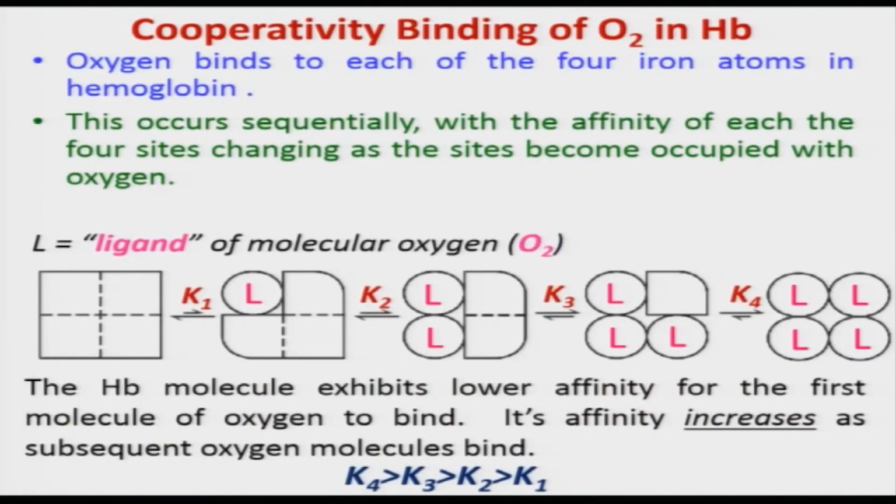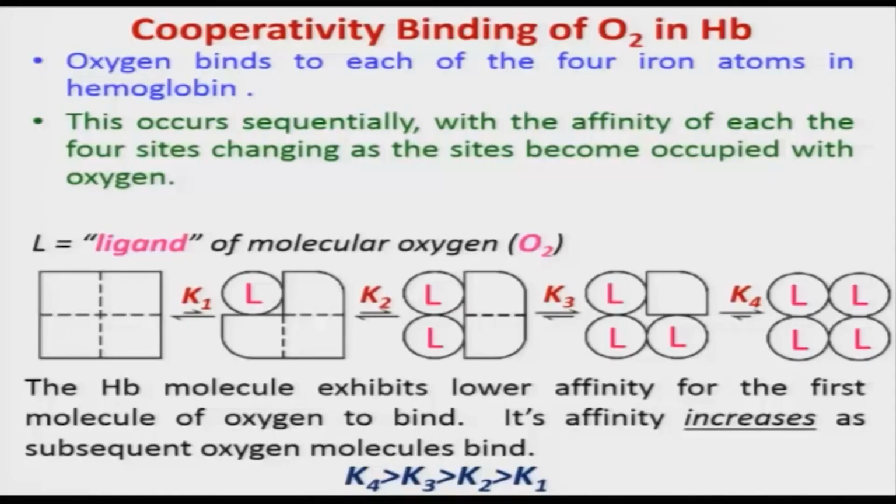So, let us look a little bit more at the cooperative binding of dioxygen in hemoglobin. Oxygen binds to each of the 4 iron atoms in hemoglobin. This occurs sequentially, with the affinity of each of the 4 sites changing as the sites become occupied with oxygen.